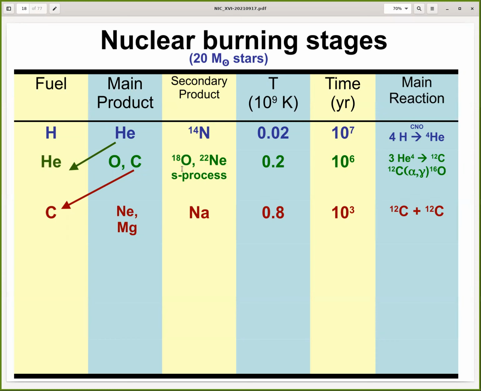These neutrons can be used to build up heavy elements starting at iron. Oh, sorry, it makes fluorine-18, and that decays to oxygen-18. Not neon-18.